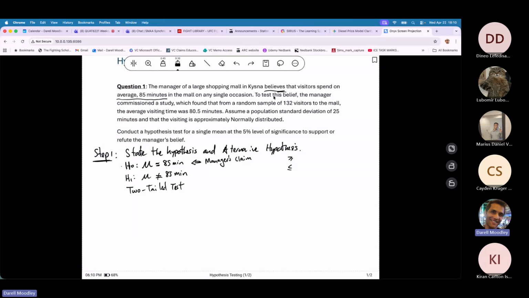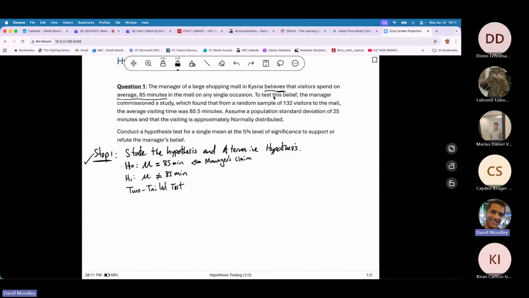When you have these symbols, then it's a one-tailed test. But in our example, we don't have that, so it's a two-tailed test. All right, so what we've done here is we've completed step one.